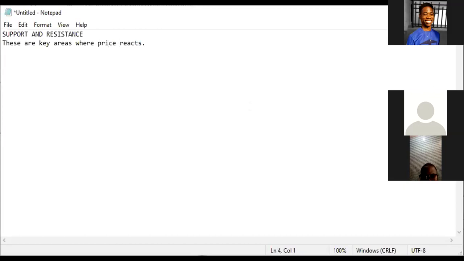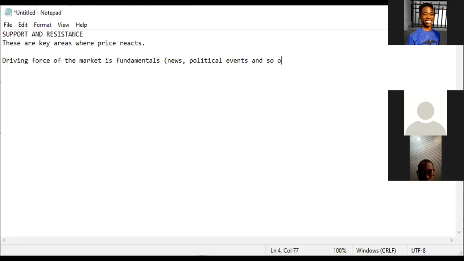Okay, so the driving force of the market is fundamentals. And by fundamentals, what I mean is news, political events, and so on.